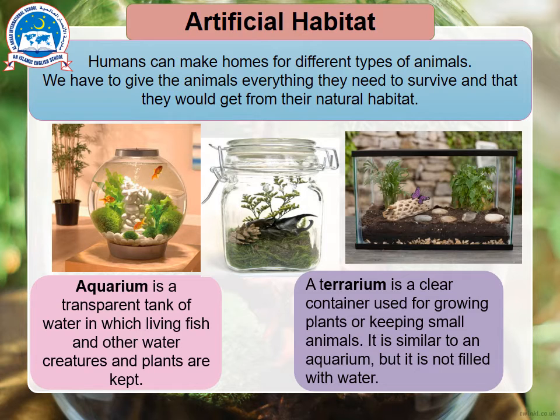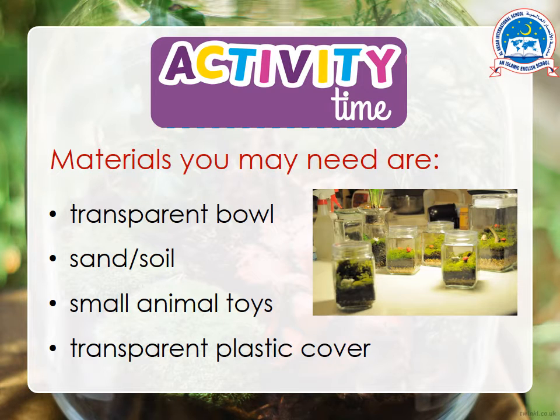A terrarium is a clear container used for growing plants or keeping small animals. It is similar to an aquarium, but the difference is there is no water in a terrarium. The terrarium is without water and the aquarium is with water. So that's the difference between the two.